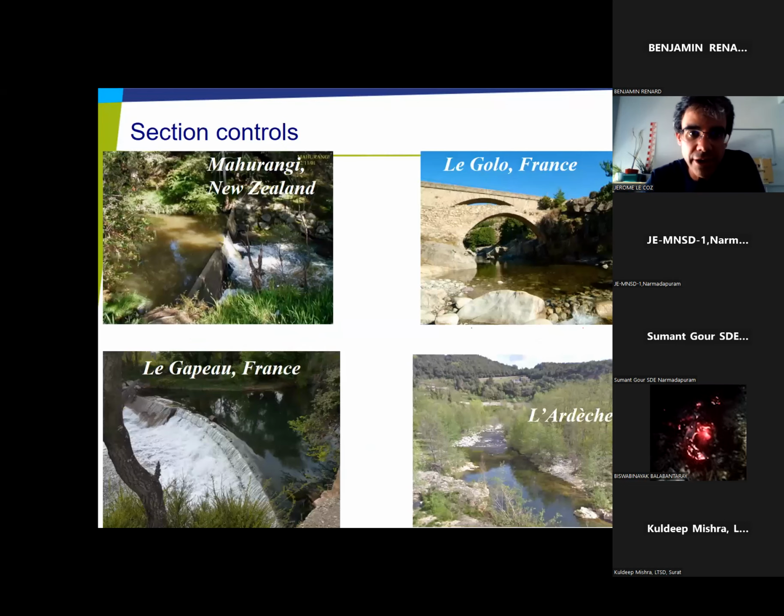Okay, so here are some examples of real section controls at real hydrometric stations. On the left, you can see artificial controls like concrete weirs with notches, or flat weirs. And on the right, we can see some examples of natural section controls.